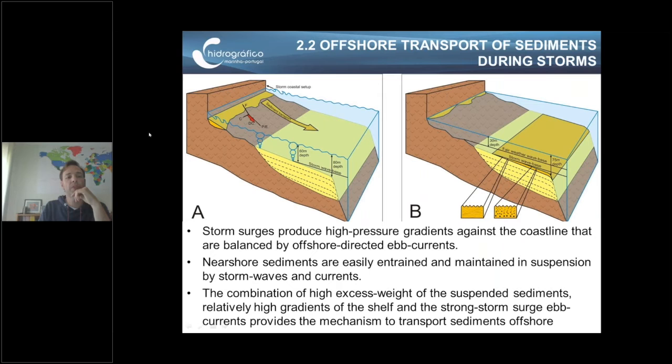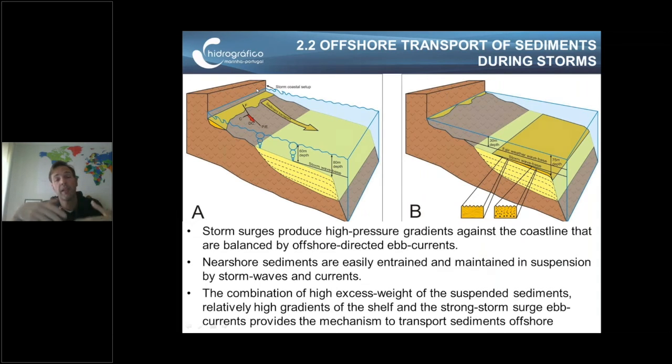What this shows is that when you have very big storm surges, which are quite normal in Madeira, especially in the northern part of the island, they produce what are called high pressure gradients, which is basically a storm coastal setup. And because we have a cliff, this water that is pushed against the cliff needs to be balanced by offshore directed ebb currents.